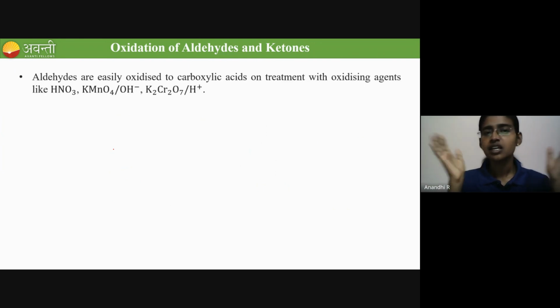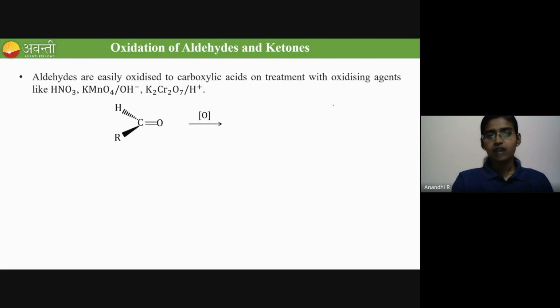Aldehydes are easily oxidized to carboxylic acids on treatment with oxidizing agents like HNO3, KMnO4 in basic medium and K2Cr2O7 in acidic medium. So basically what you have to do is take the aldehyde or the ketone and add one of the oxidizing agents to it.